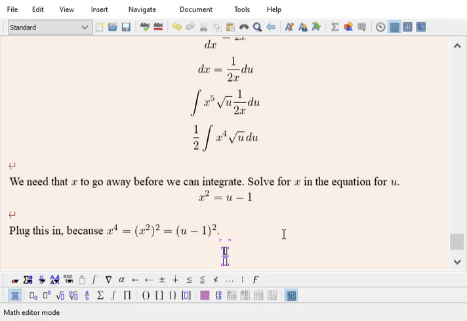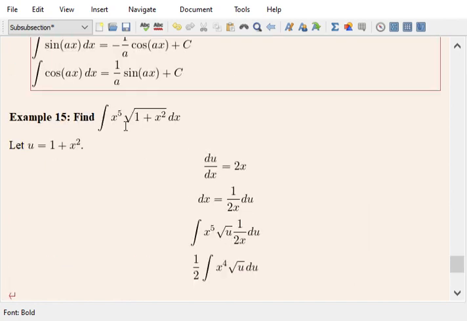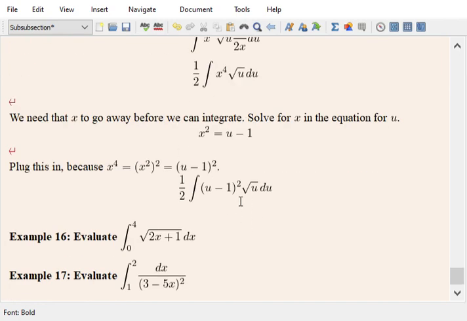So our integral becomes, x to the power 4 has become u minus 1 squared, and then we still have that square root of u hanging out. Okay, so we have successfully written an integral which is identical to the one that we started with, but instead of x's, it now has only u's in it. So at this point, we can actually do something.